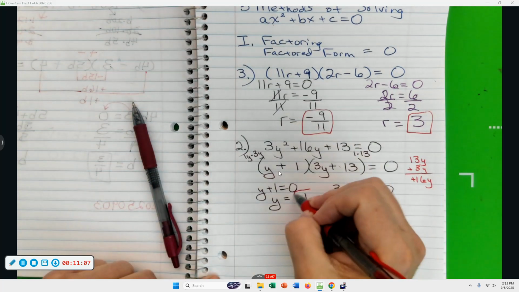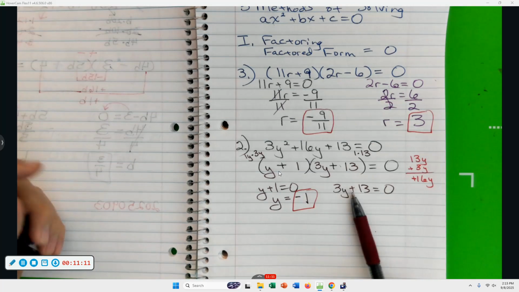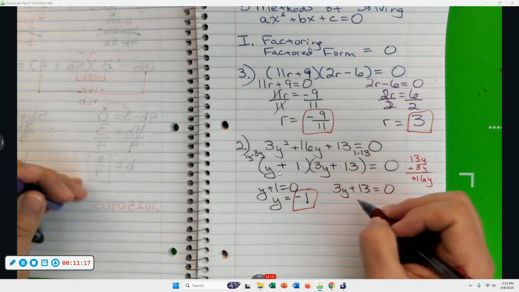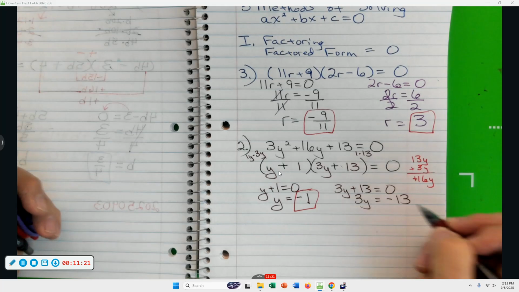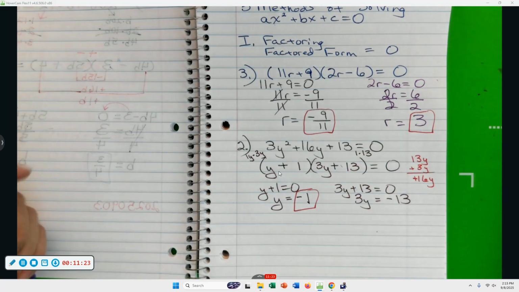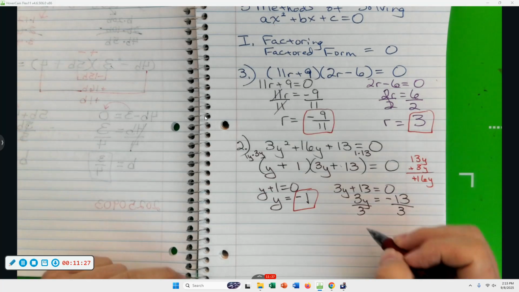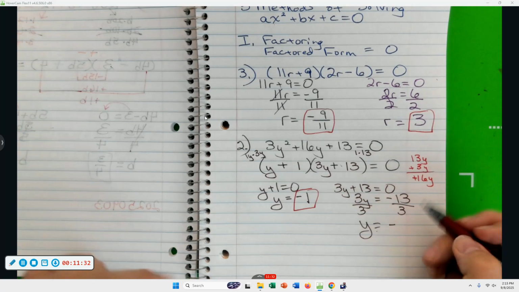There's my first solution. The next one, what will I do first? Subtract the 13 to give me 3y equals a negative 13. And then what? Divide by 3. Divide by 3 to give us y equals a negative 13 over 3.